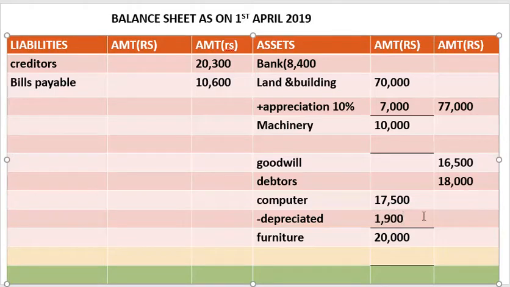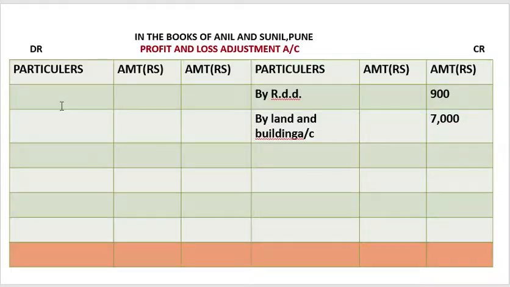That gives 15,600. Now this 1900 will go in the debit side of profit and loss adjustment to computer account 1900.